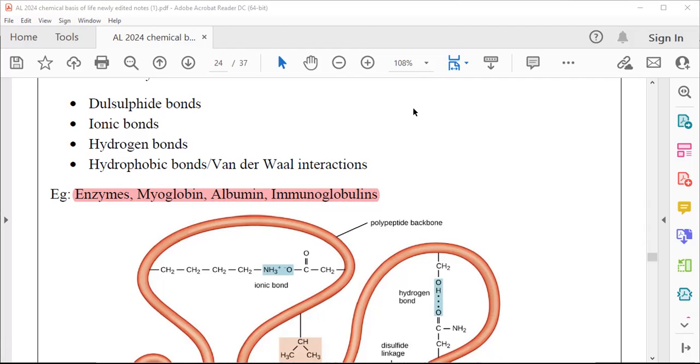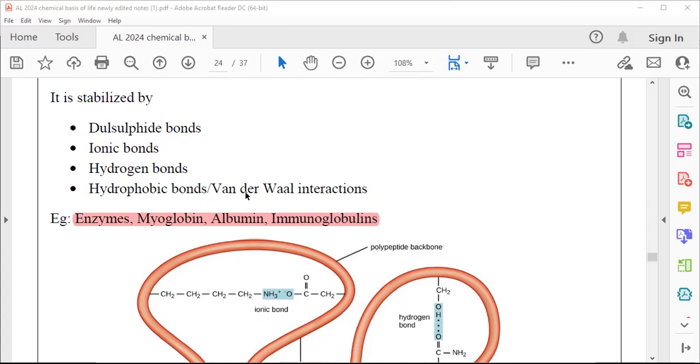Later, in future lessons, you will study a clear idea regarding each of these components. Enzymes, a full detail there. Myoglobin, you have details about them separately. Albumin, immunoglobulin, plenty of details are there. But at the moment, you want to know these as examples for tertiary proteins.